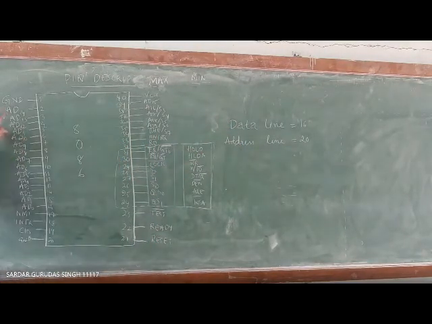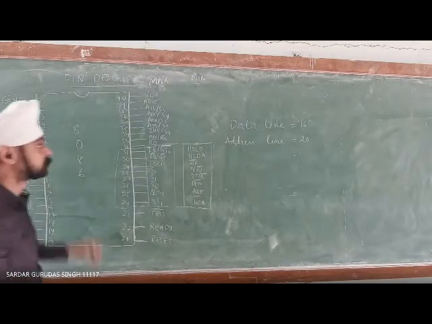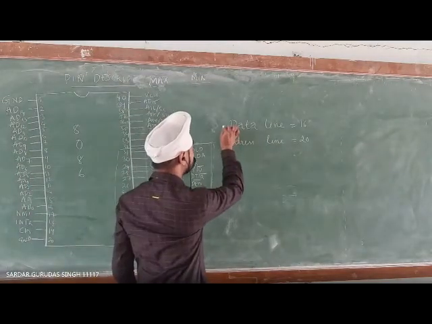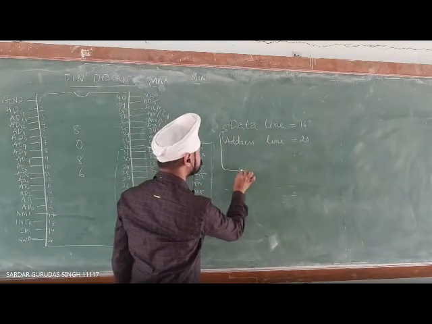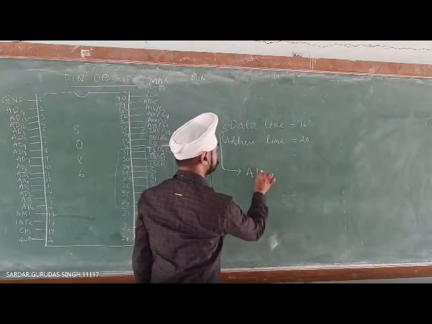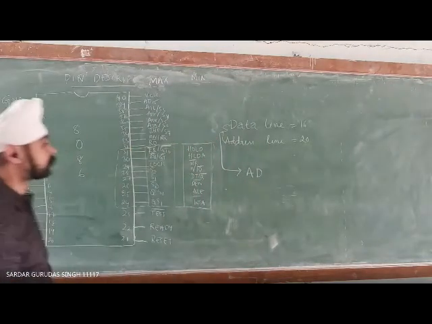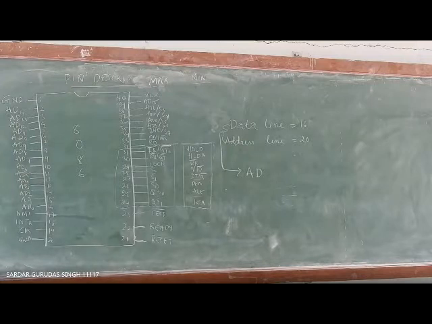As you can see in the diagram, AD is nothing but a combination of address lines as well as data. So these two are multiplexed as address data lines.